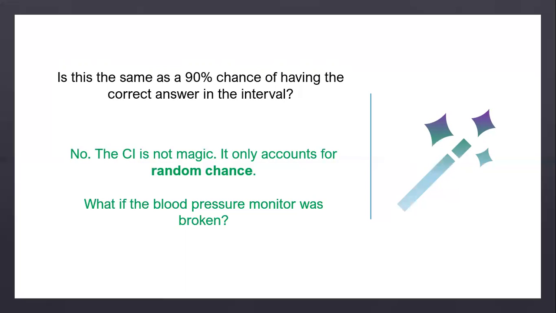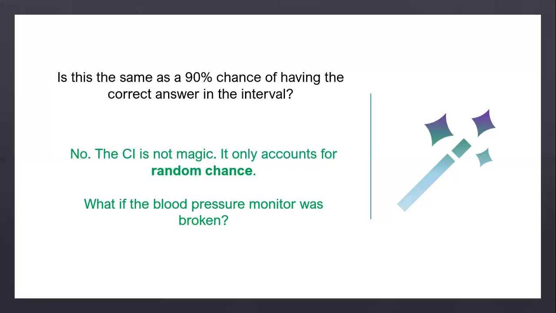So the unspoken asterisk there, the thing that's not being said when I say I'm 95% confident that it's between this and this, the assumption, the subtext there, is that I've done the research, I've conducted the experiment properly. That is, the blood pressure monitor was not broken. So research methods wise, I've done everything I can to ensure that none of these other errors or biases make their way into my study.